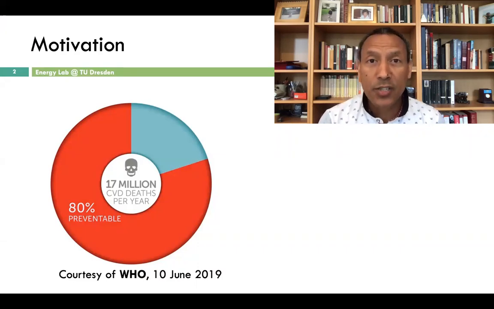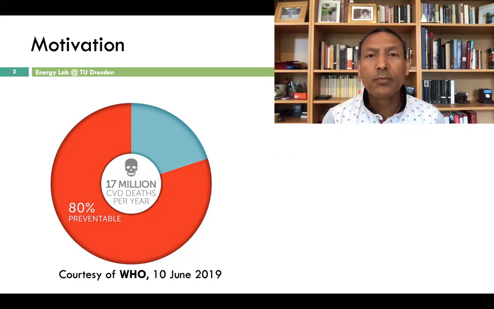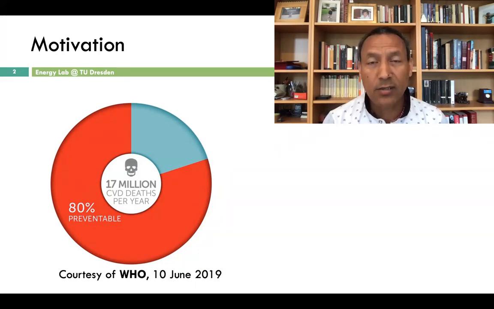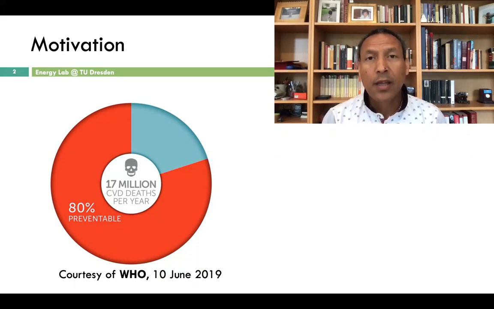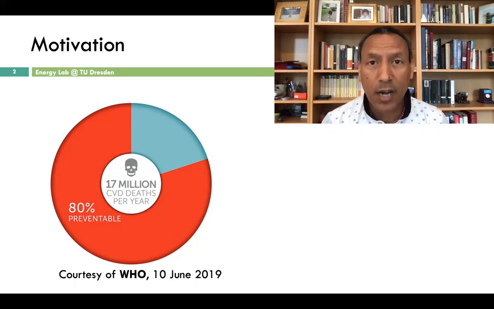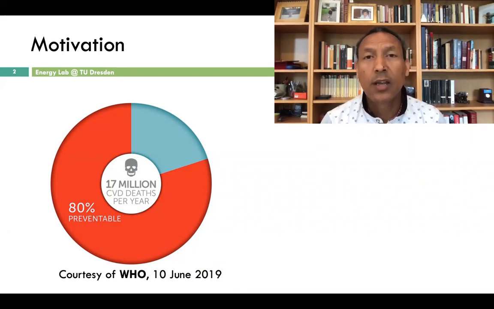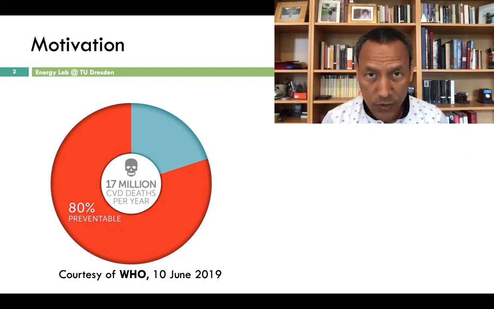About 80% of the deaths could have been prevented by using early detection and monitoring methods. The Center for Disease Control also published a report in 2019 supporting this observation. Cardiovascular diseases are the prevailing cause of death in the US.